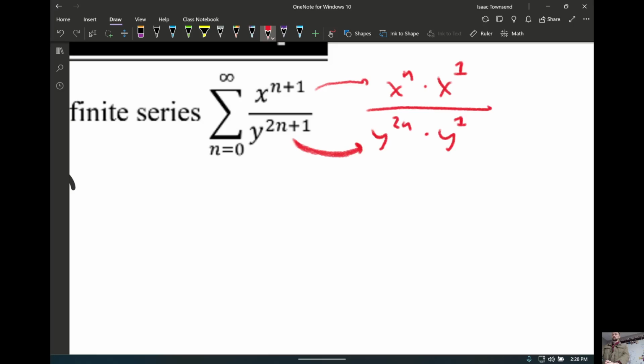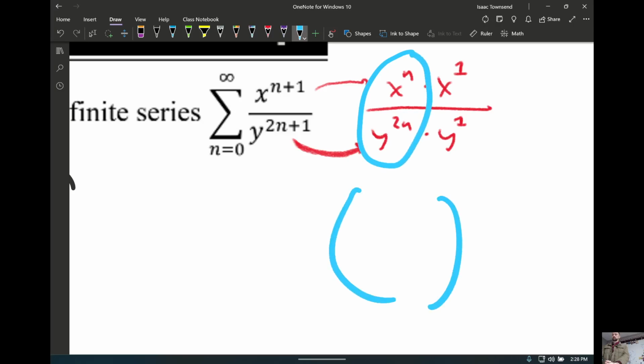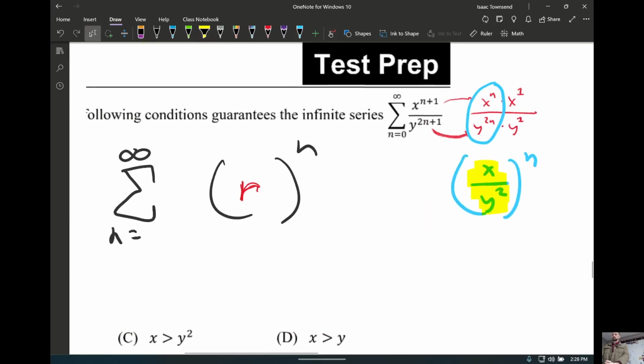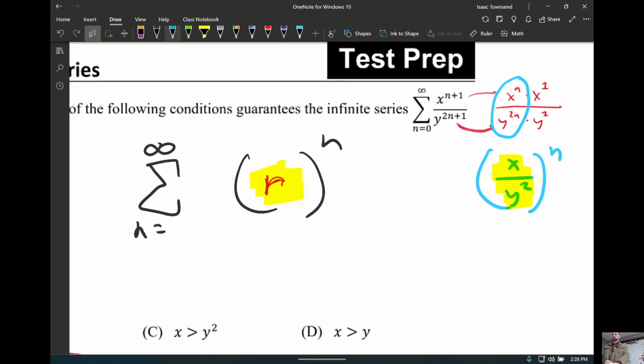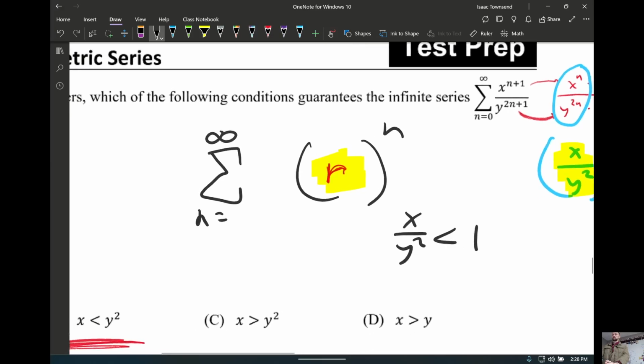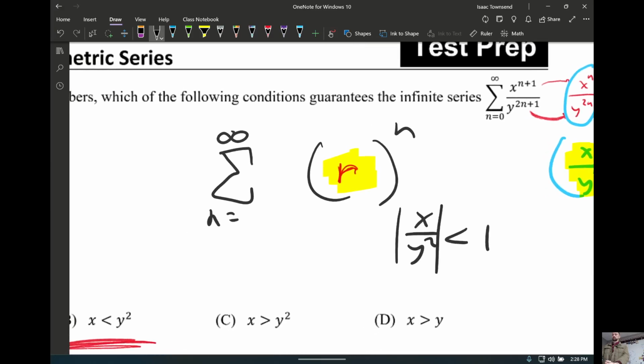The reason why you might split them apart is both of these have an exponent of n, and this would be x over y squared. So x over y squared is what r is in this question. And to converge, you need the absolute value of r to be less than 1. If it's equal to 1 or greater than 1, it will diverge. If the absolute value is less than 1, it converges.